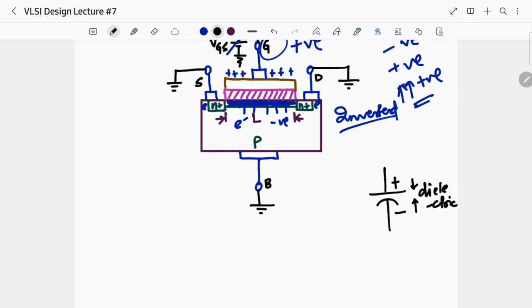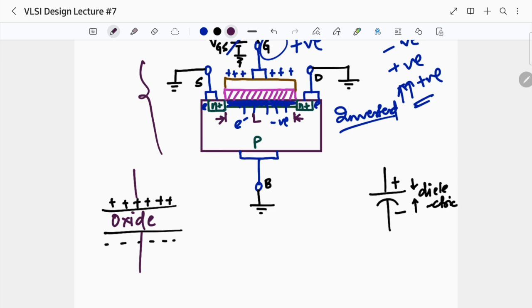So we have the positive charges at the top, the negative charges at the bottom, and in between we have the oxide. So our MOSFET here behaves as a capacitor.